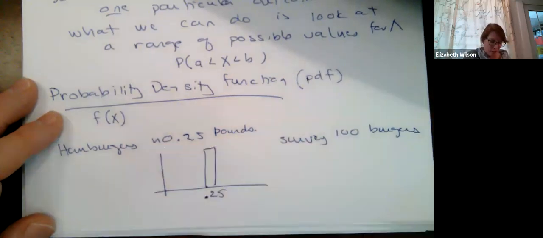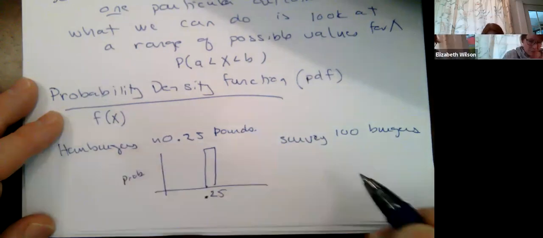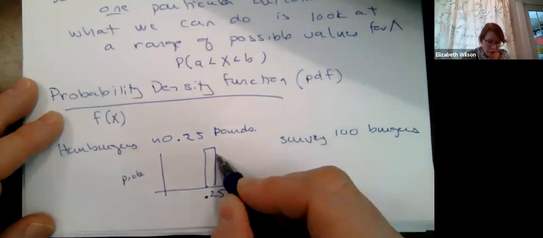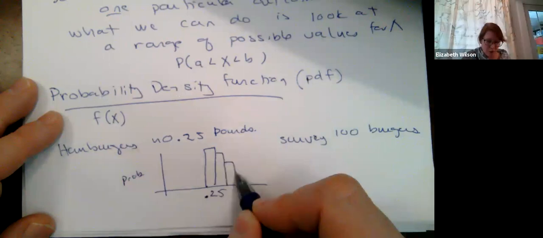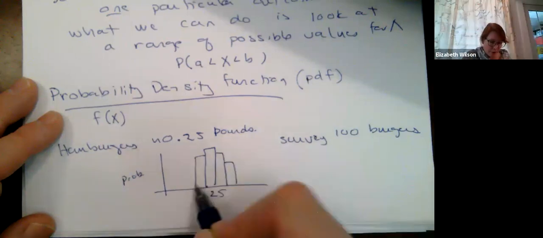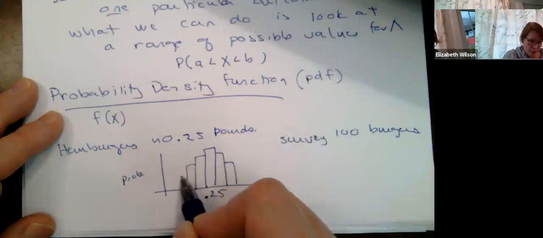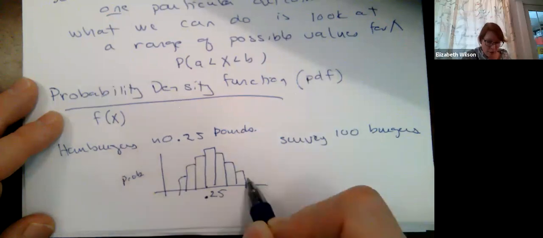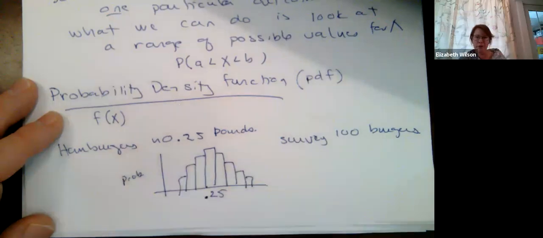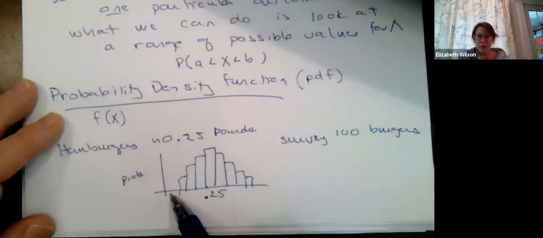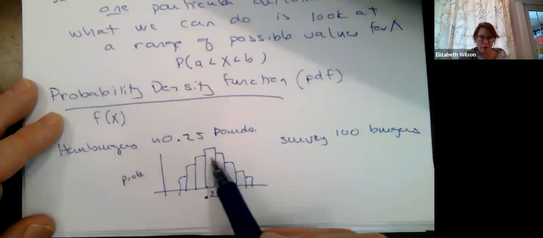This is our probability. And then maybe there are some that are a little bit less, 0.24, 0.2, or 0.26, whatever. As I go farther away from 0.25, the probability of finding a hamburger that weighs 0.2 is smaller than finding a hamburger that weighs 0.24.